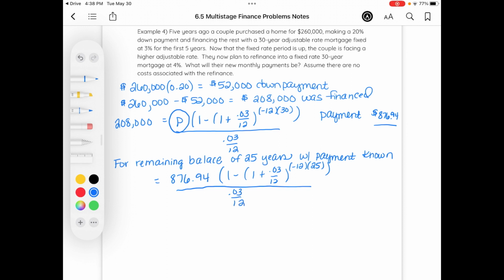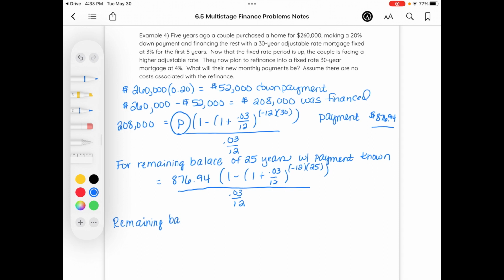And again, I'm going to let you use your calculator to do this. So the remaining balance is $184,926.